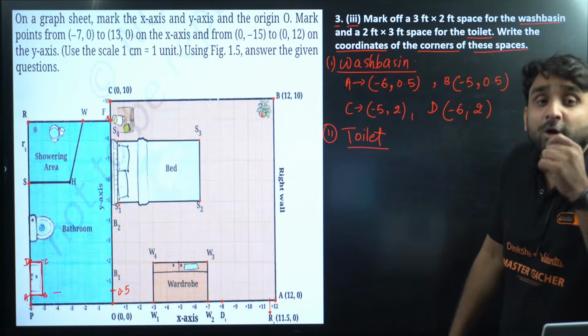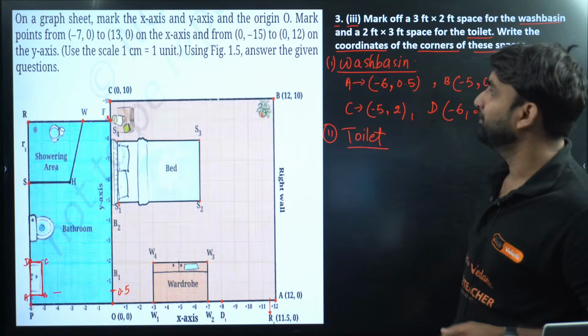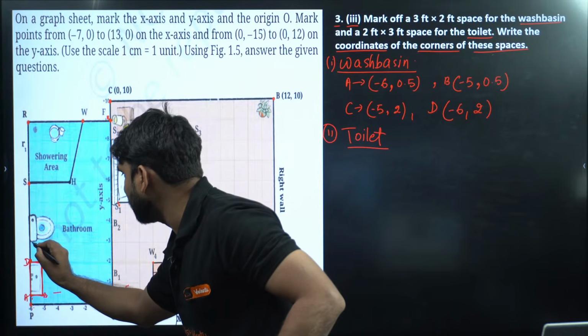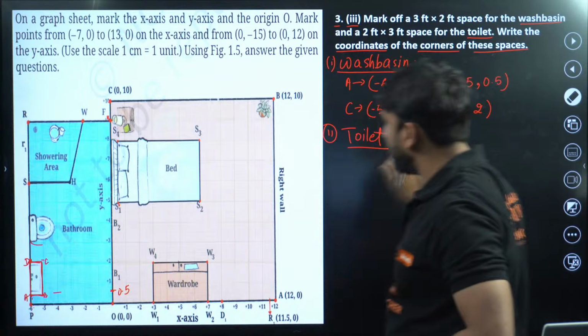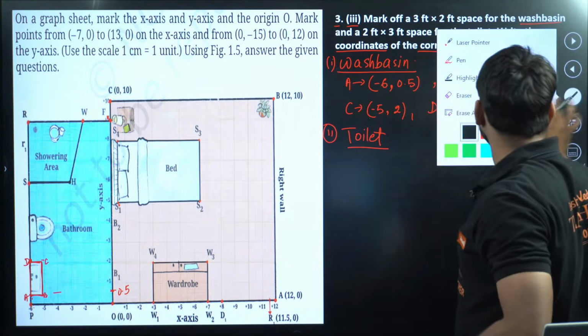So what will be the coordinates for this? 2 feet cross 3 feet, right? So if we mark this area, please focus. Let me mark the area for the toilet. I hope the red color is visible to everyone.